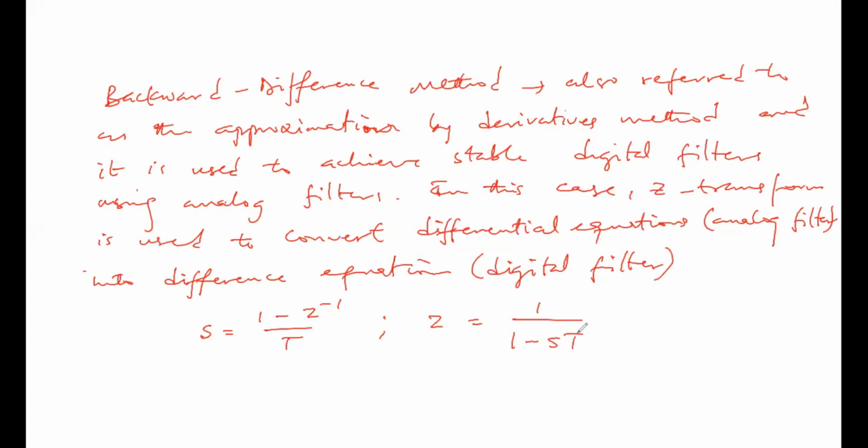Okay. Now, let us look at one other method for converting between continuous time systems and discrete time systems. That is the bilinear transformation method.